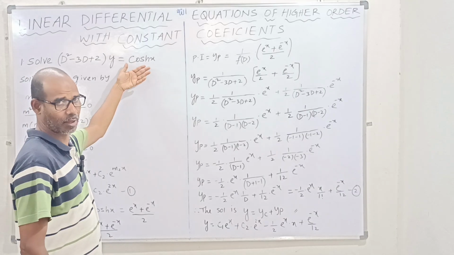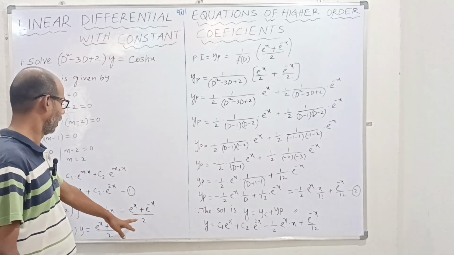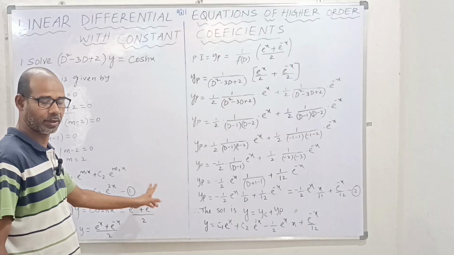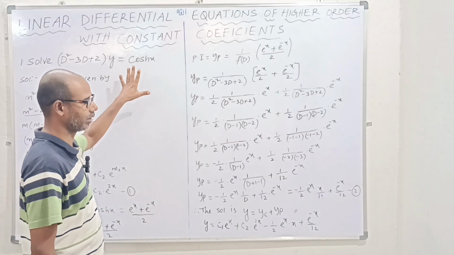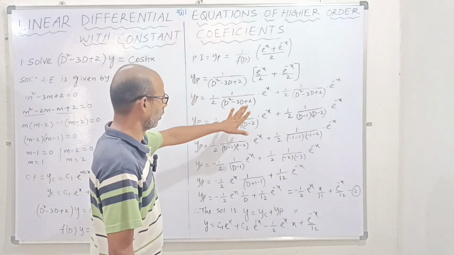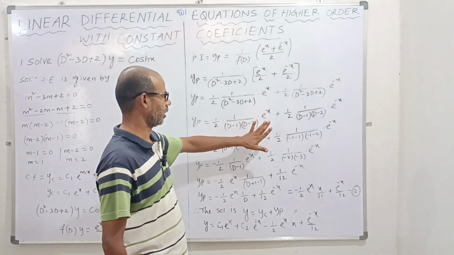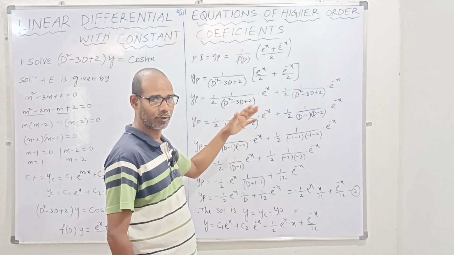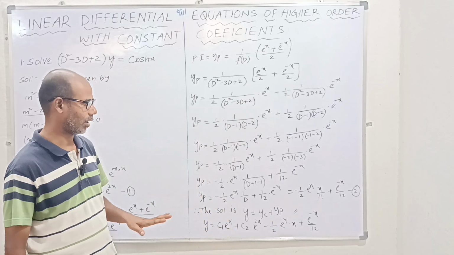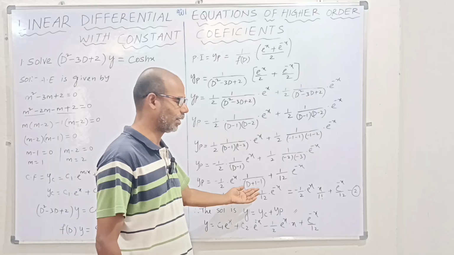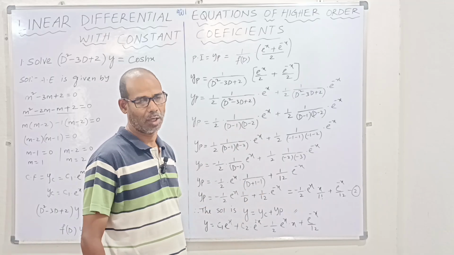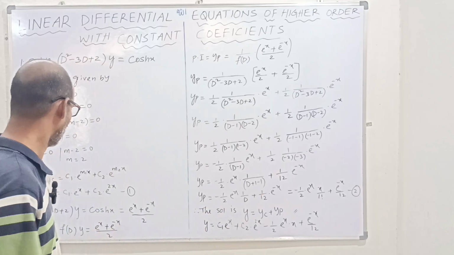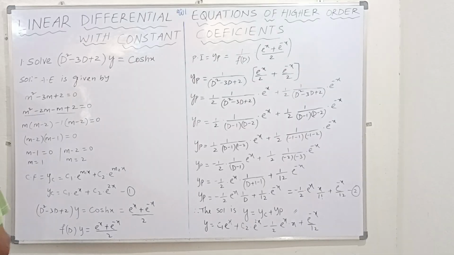Cosine of x, it is a hyperbolic, so it can be written as e power x plus e power minus x by 2. So this is exponential function. When the right hand side function is exponential function, what we have to do? We have to put D is equals to D plus a in the denominator, provided the denominator is not becoming equals to 0. If the denominator is becoming equals to 0, what we have to do? We have to put D is equals to D plus a. So that we have to remember. Okay, right. So we'll go for another problem now.